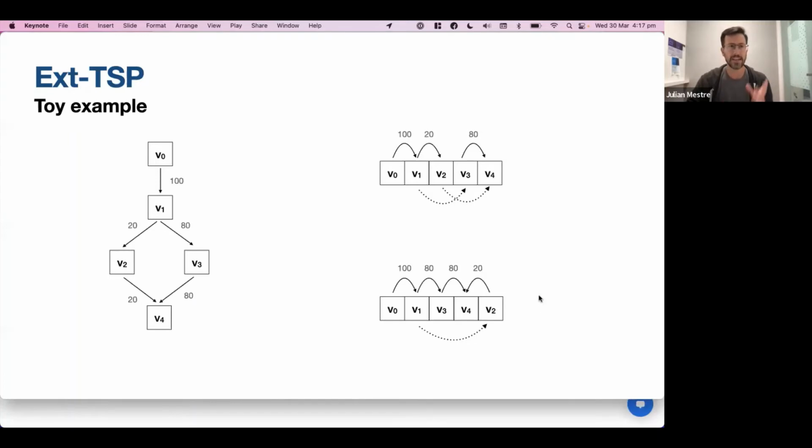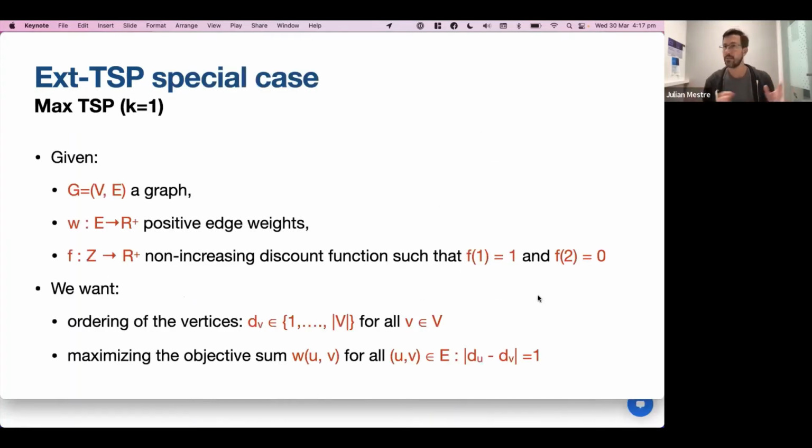But before I study that, I want to look at some special cases to get some intuition and to tie it up to some well-known problems in the literature. So the first case that I want to explore is what happens when k equals 1. When k equals 1, remember I have this discount function that is 1 at 1 and 0 at 2 or greater.